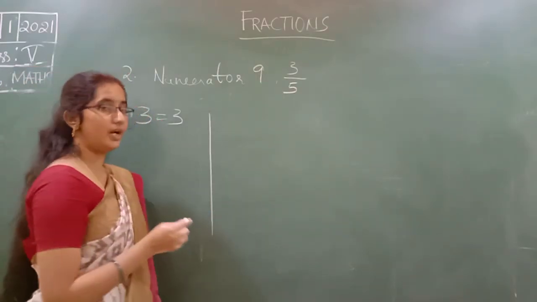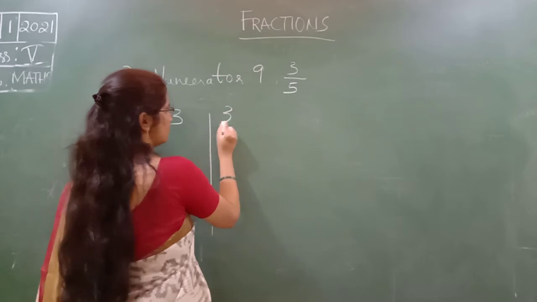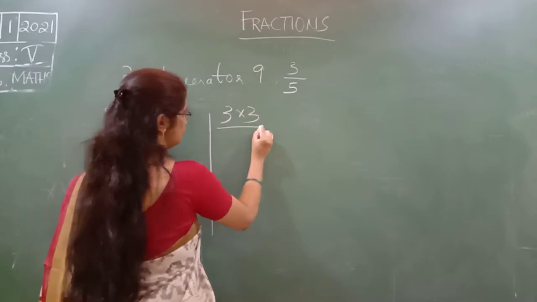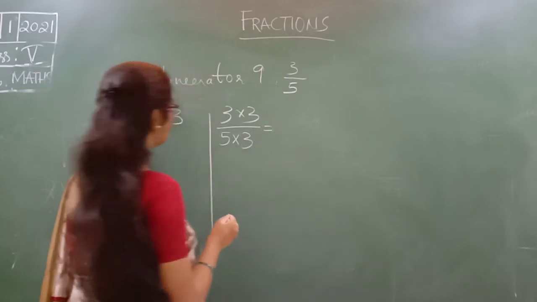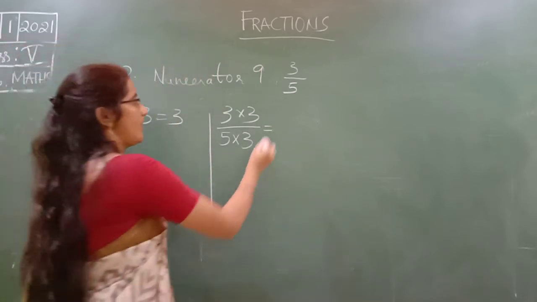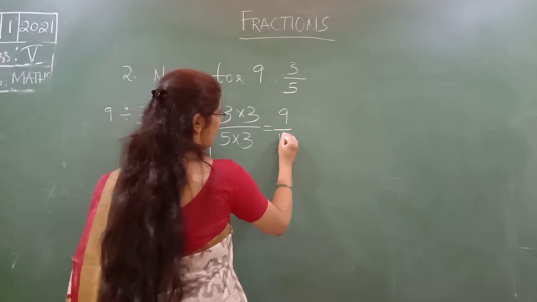Then we have to multiply with 3 on numerator and denominator. 3 into 3 is 9, 5 into 3 is 15.